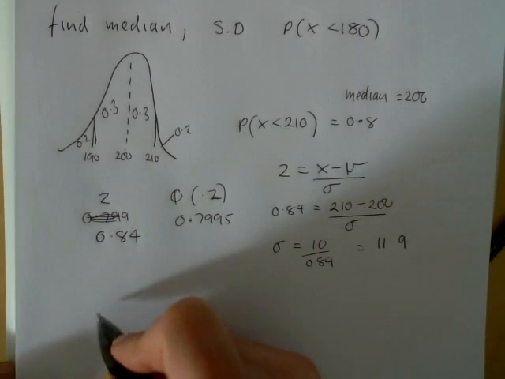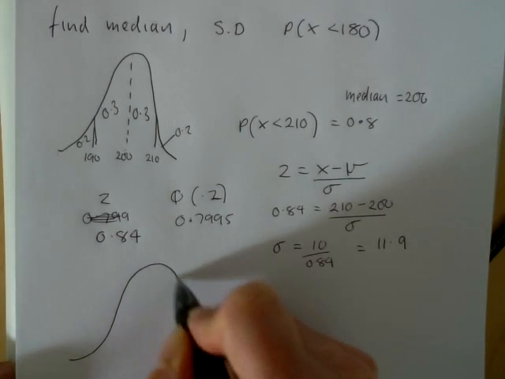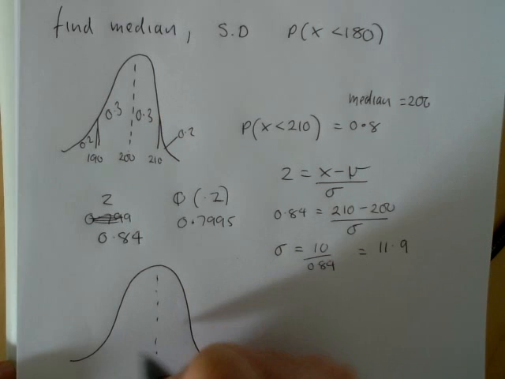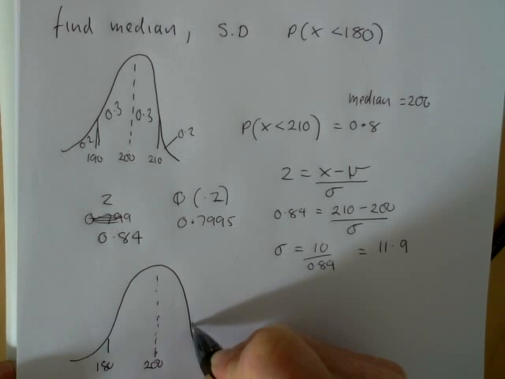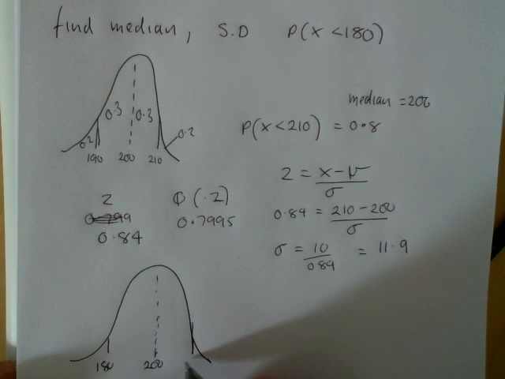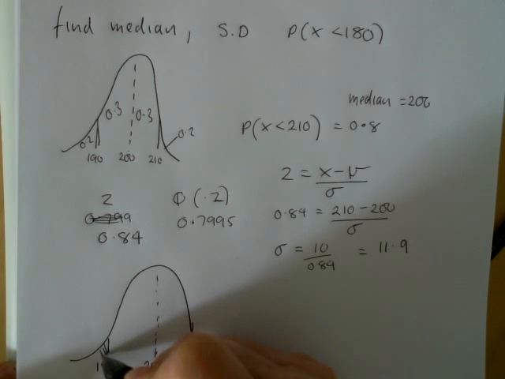So the final part of the question wants us to find the probability that we're less than 180. Okay, so we've got 200 there, and that would be 220 there. So we need this bit here.